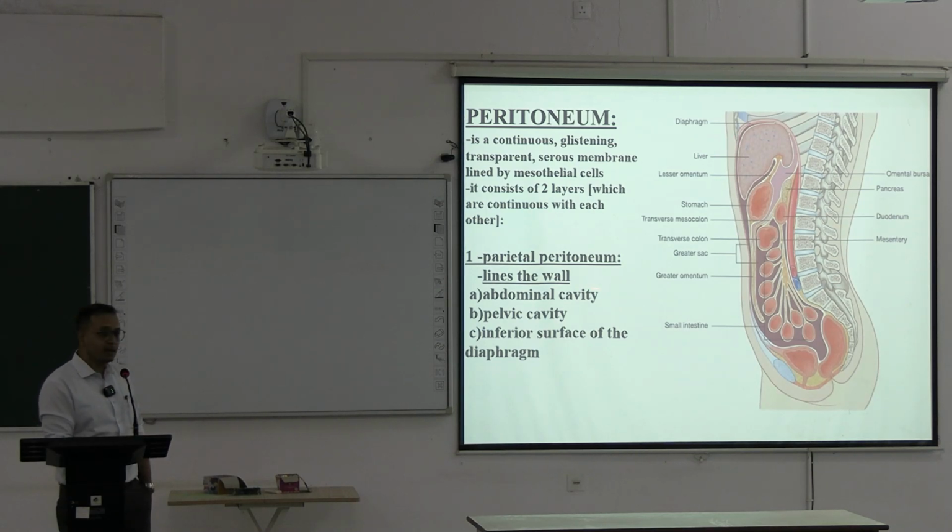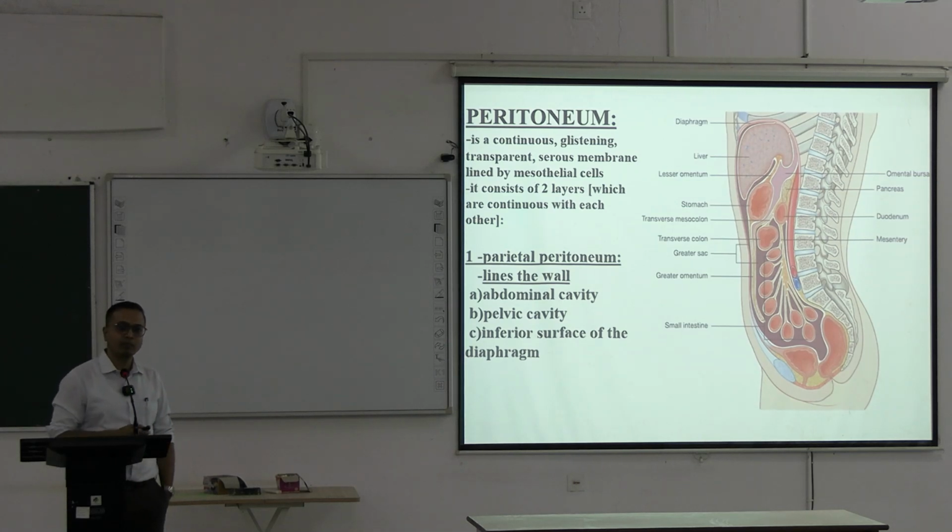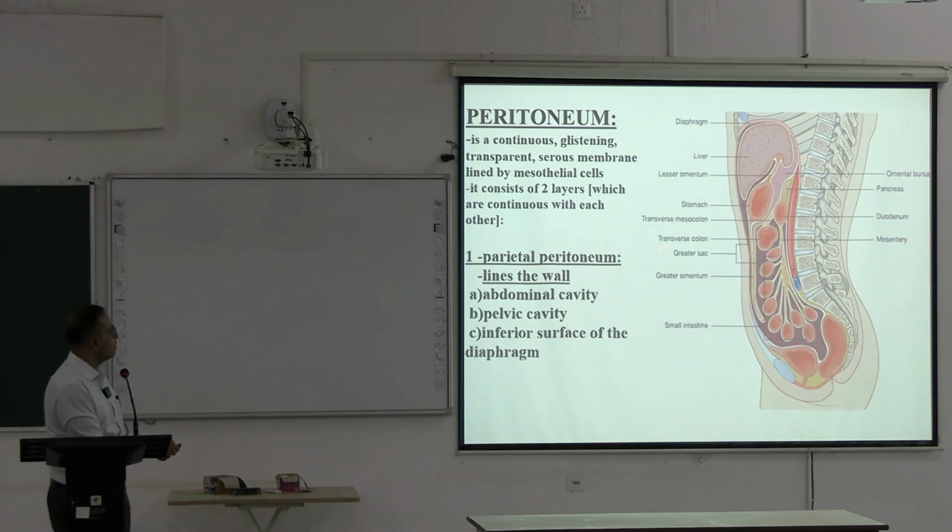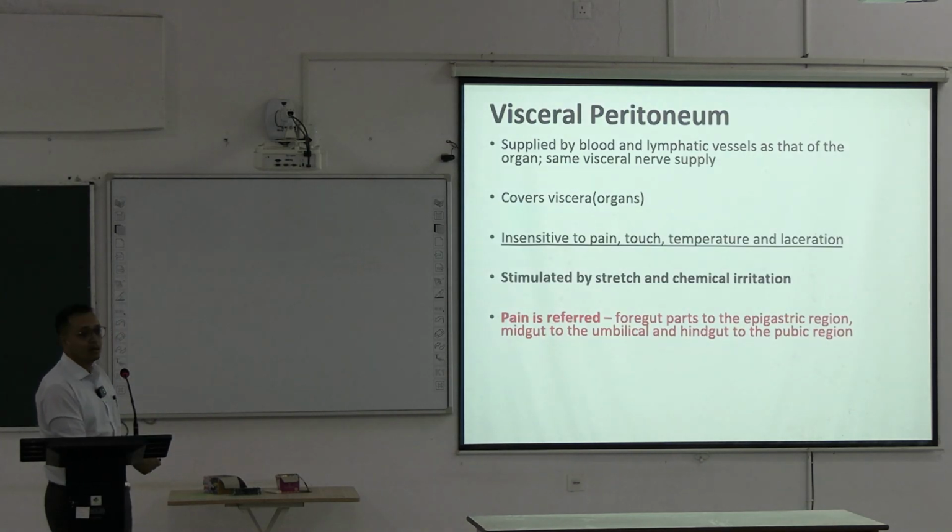We call them the parietal layer, parietal peritoneum, and the other layer is visceral peritoneum. Parietal peritoneum is lining the undersurface of the diaphragm and the body wall, that means the anterior, lateral and posterior abdominal wall, and the pelvic cavity too. The other layer, the visceral layer, covers the organs or viscera.